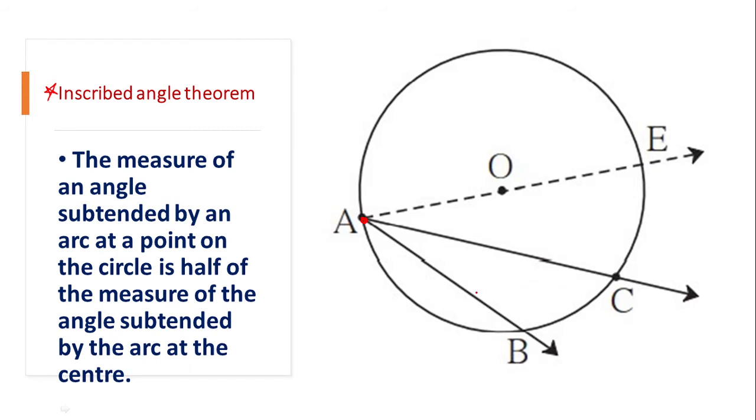If you measure this angle, even this angle will be half of the measure of arc BC. So wherever the location might be, whether the center is lying in the interior of the angle or in the exterior of the angle, the measure of an inscribed angle will be half of the intercepted arc.